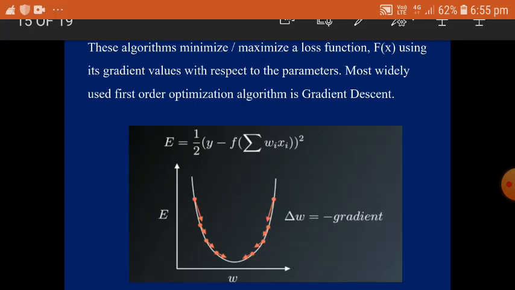The second point is, adjust each individual weight based on its gradient. And the third point is, we have to keep on doing steps 1 and 2. Means we have to keep on adjusting the weight as well as check the error, until the error function is as low as possible. That is what the gradient descent algorithm says. This is something about the first order optimization algorithm.